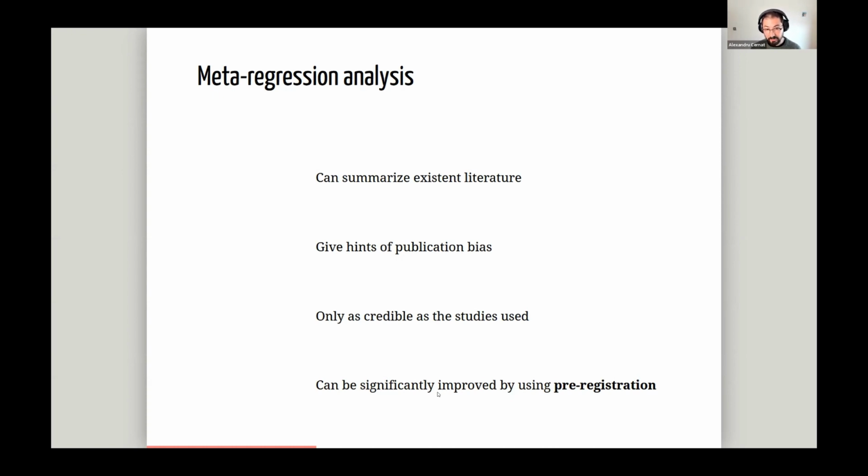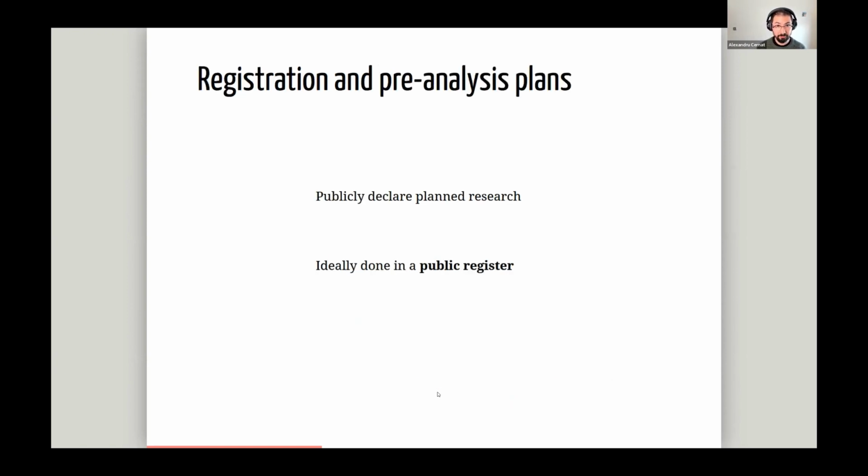One of the biggest changes we can make to improve the quality of meta-analysis is to have pre-registration, which is the next solution I want to discuss. The idea of registration, or pre-analysis plans, is to publicly declare what you plan to do before you actually do the research.